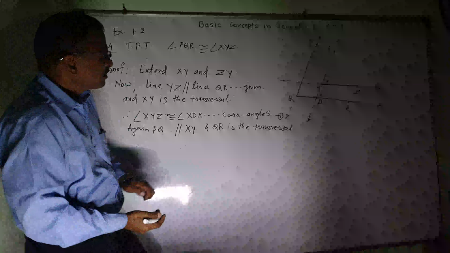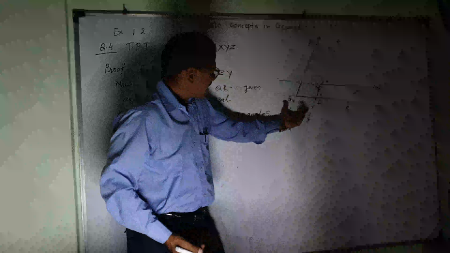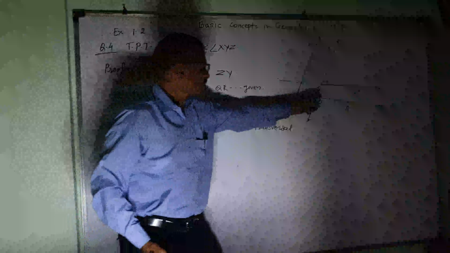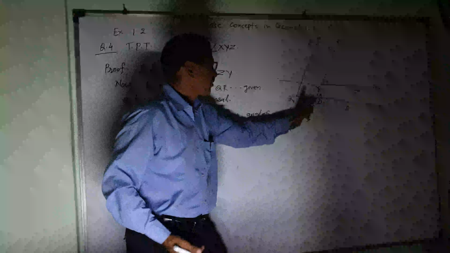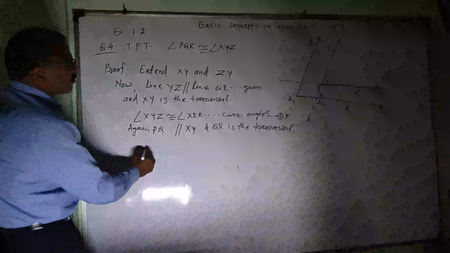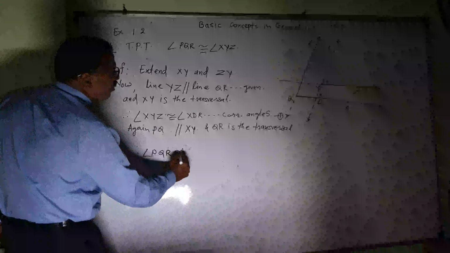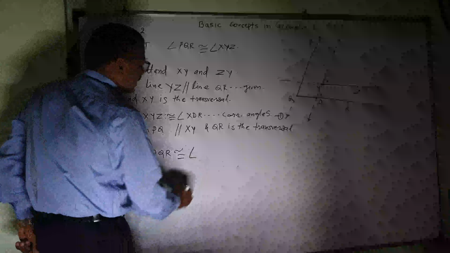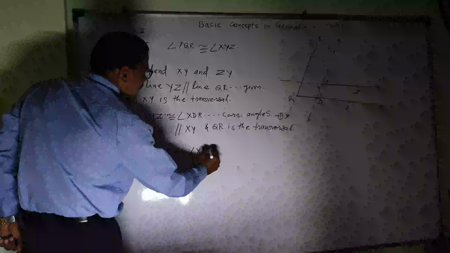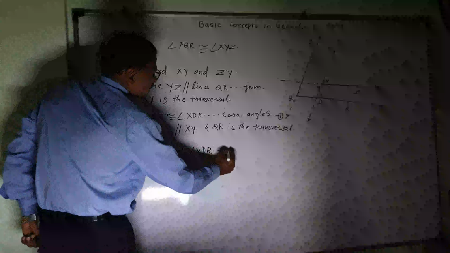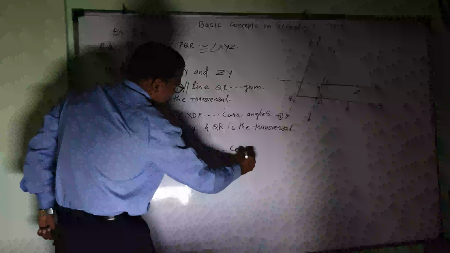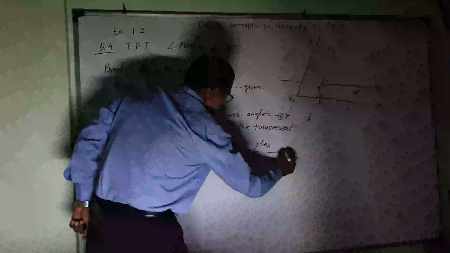Now see this. These two are parallel and this is the transversal. So this angle and this angle will be corresponding angles. Therefore, angle PQR is congruent to angle XDR. The reason is corresponding angles, and this is number 2.